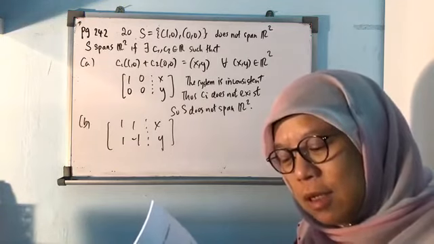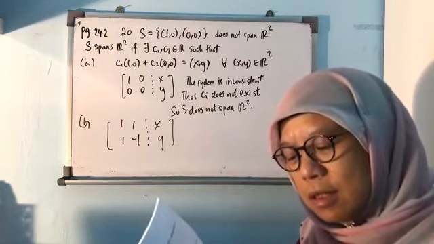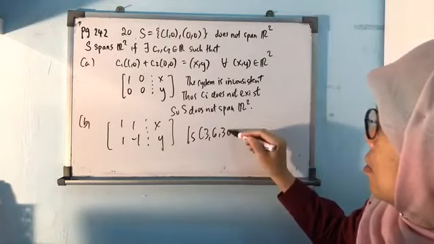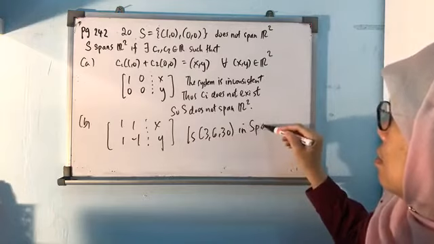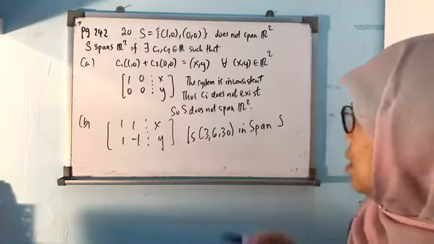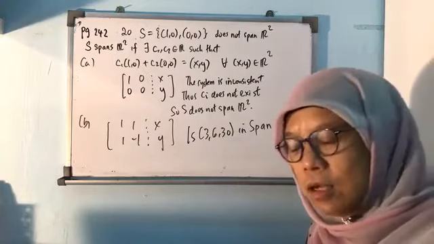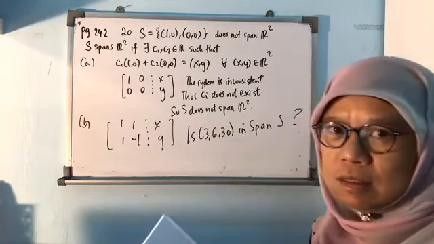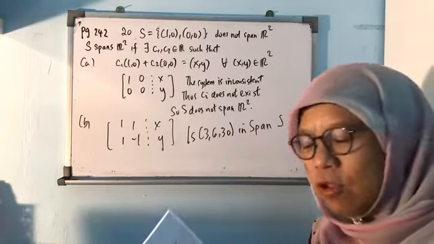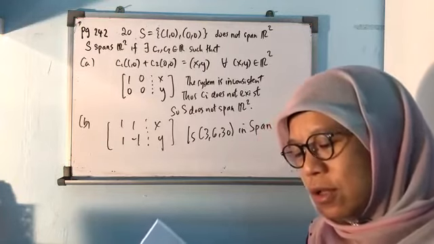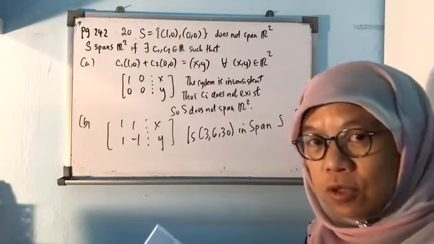The question says: can you write this as a linear combination of the vectors in S? Can you find C1, C2, C3, C4 such that you can write (3, 6, 3, 0) in the span?